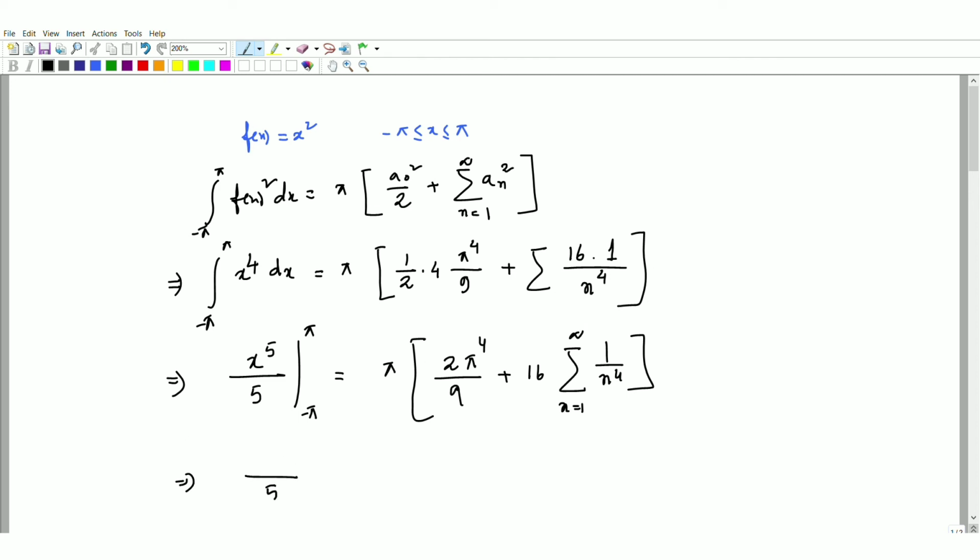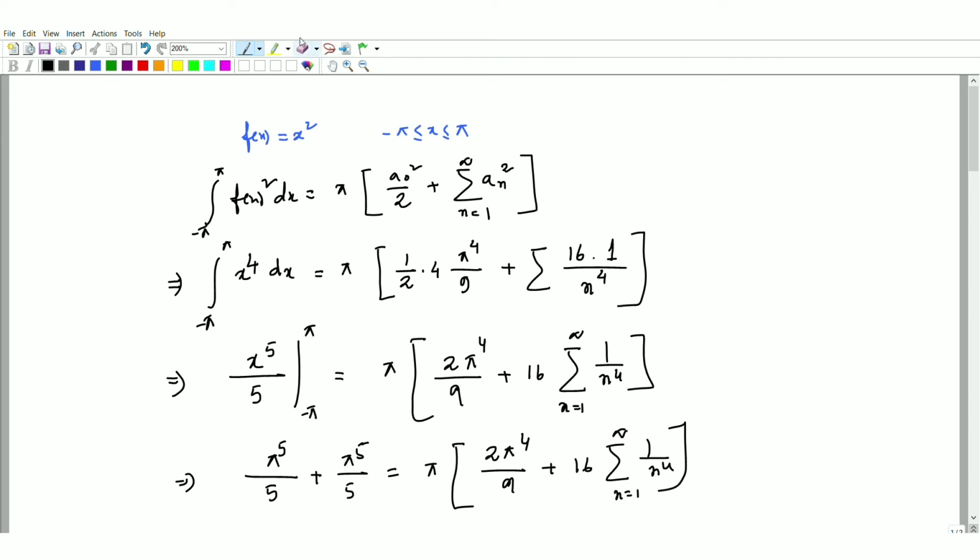Then it will become pi to the power 5 plus pi to the power 5 divided by 5. So the minus and minus sign will become plus here.